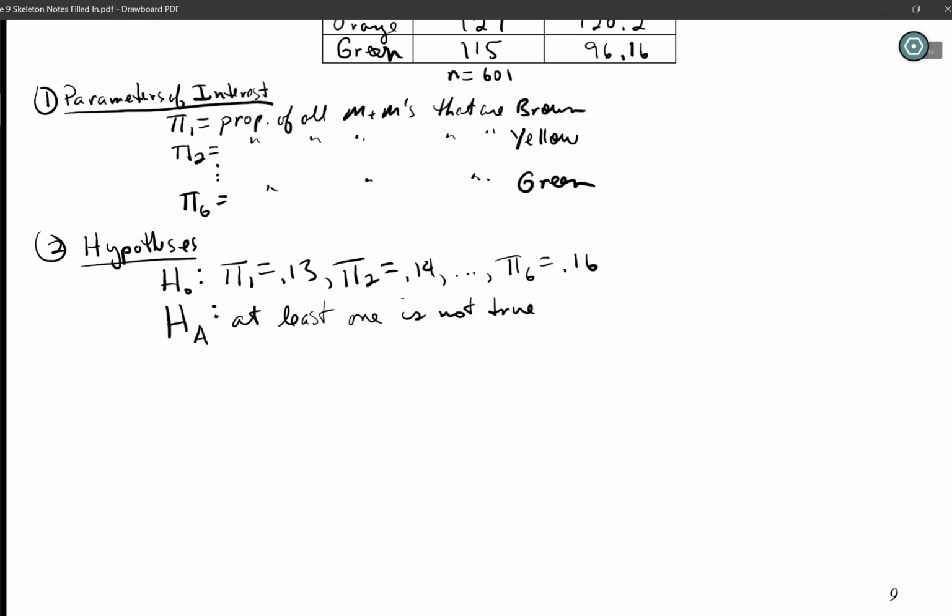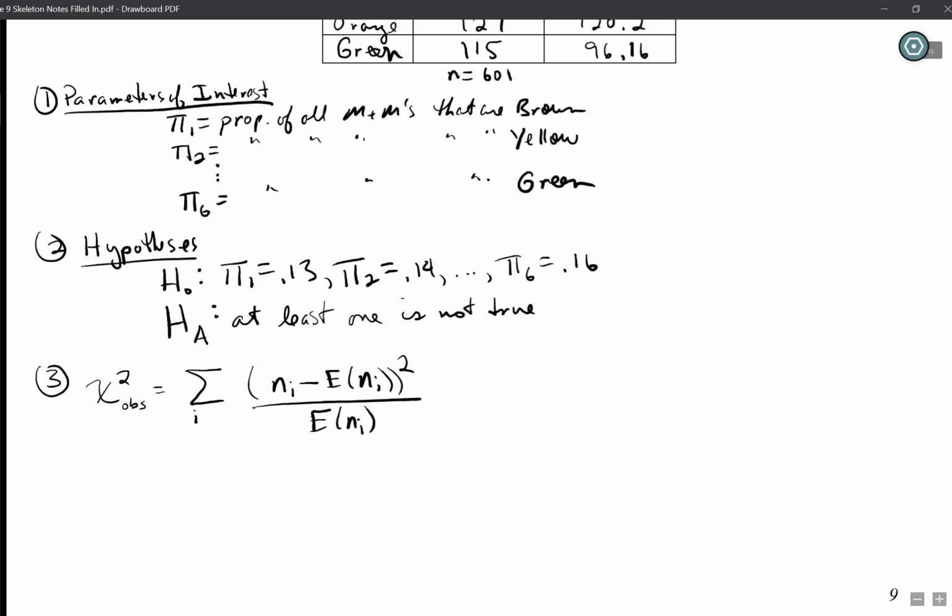To test this hypothesis, I can compute my observed test statistic. Again, it's this chi-squared test statistic. That's the observed cell count minus the expected cell count under the null hypothesis, all of that squared and divided by the expected cell count.